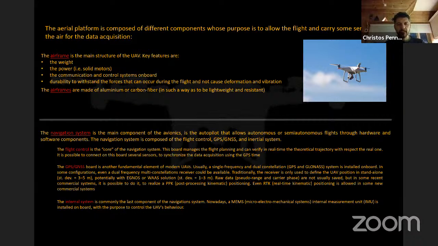It is the last component of the navigation system, and what it's doing is always recording all the movements of the drone, of the vehicle, in order to reconstruct and understand how far our vehicle is from the pilot, from the person that is controlling the drone.